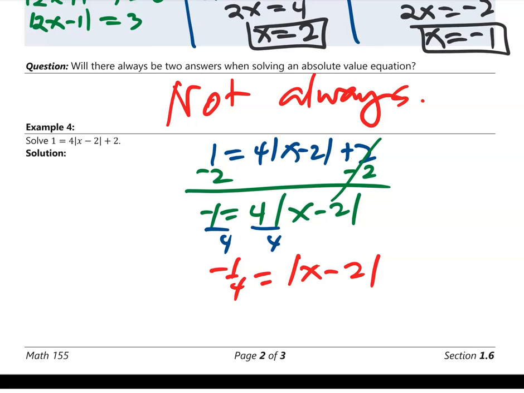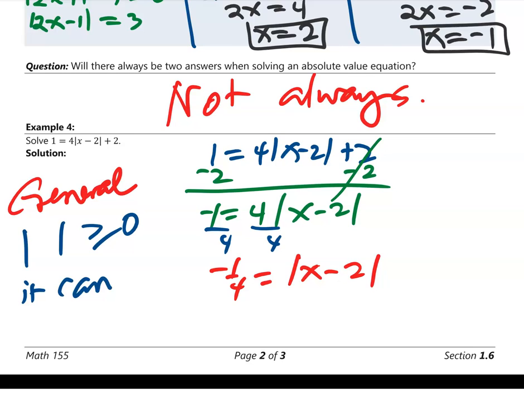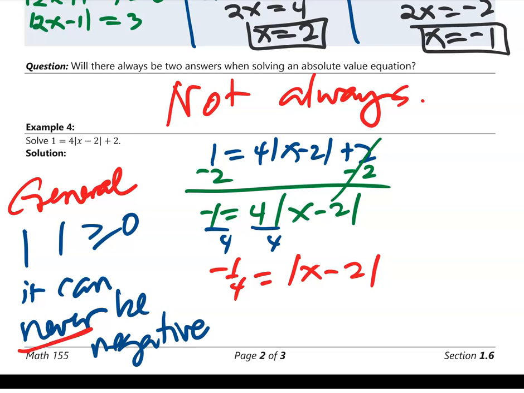But this is a negative number, and take note of this. In general, the absolute value should be greater than or equal to 0. It can never be negative. Okay, I'll give you an example here.